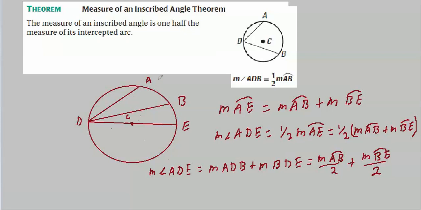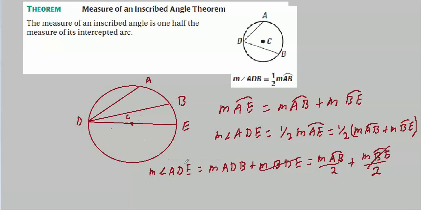And how do we do that? Well, again, from our angle addition postulate, we have that the measure of ADE is equal to the measure of ADB plus BDE. Well, we already showed that the measure of BDE is 1/2 of the measure of the arc BE. Well, that means that we can just cancel these. BDE equals this, so we just subtract from each side, and what are we left with?